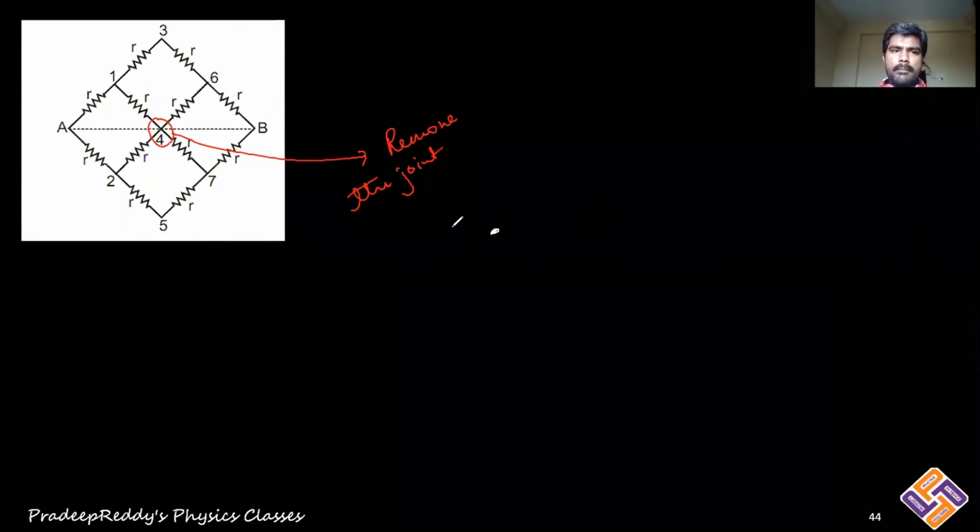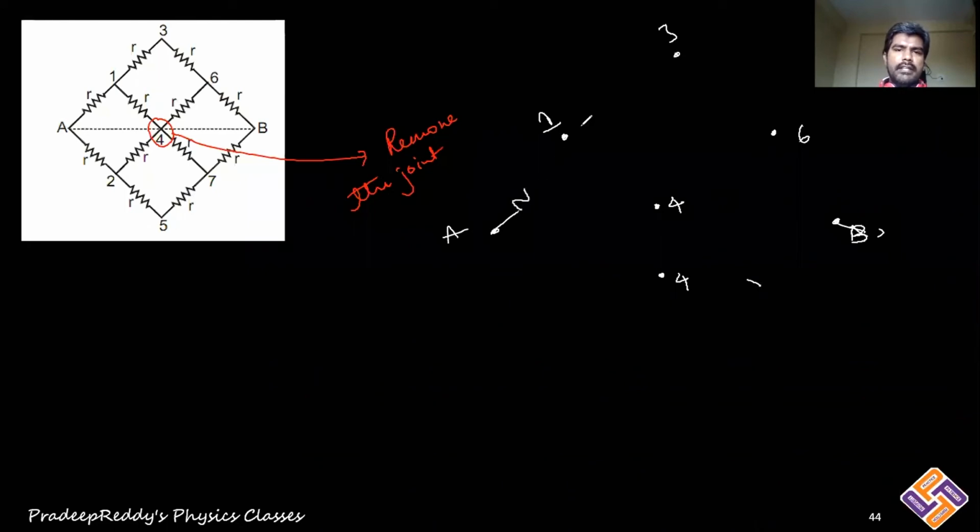This is point A and this is point B. And this is point 4. I'll remove the joint, so this is 4 and this is also 4. I'll mark this point 1, this point 3, and this point 6 in order to avoid confusion.